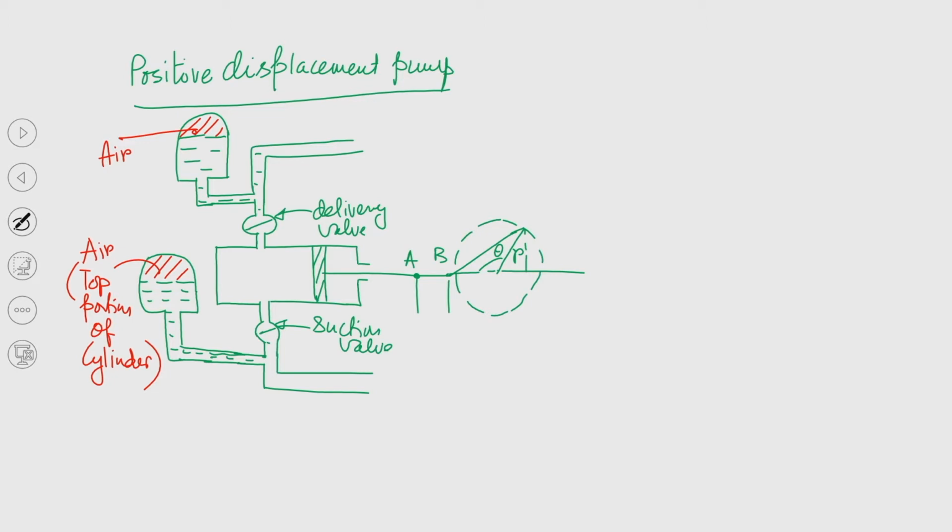Now the question is, at location A the piston is at the inner end of the cylinder, and the piston has reciprocating motion, which is induced by the rotary motion of the crank, converted using the crank and connecting rod mechanism.